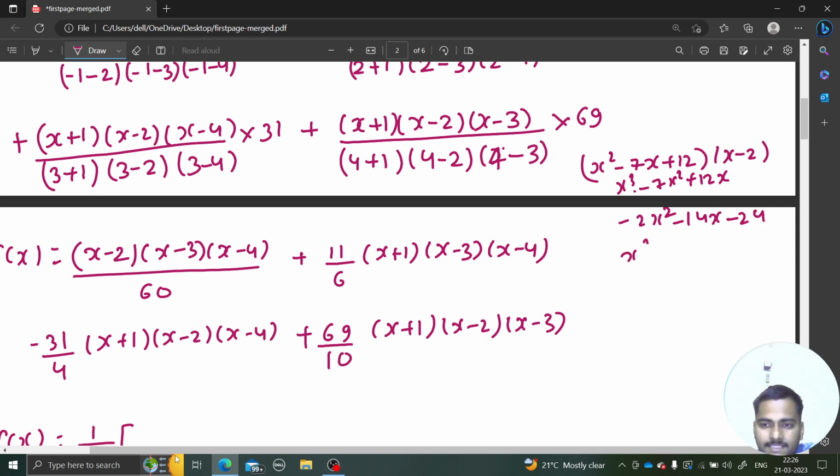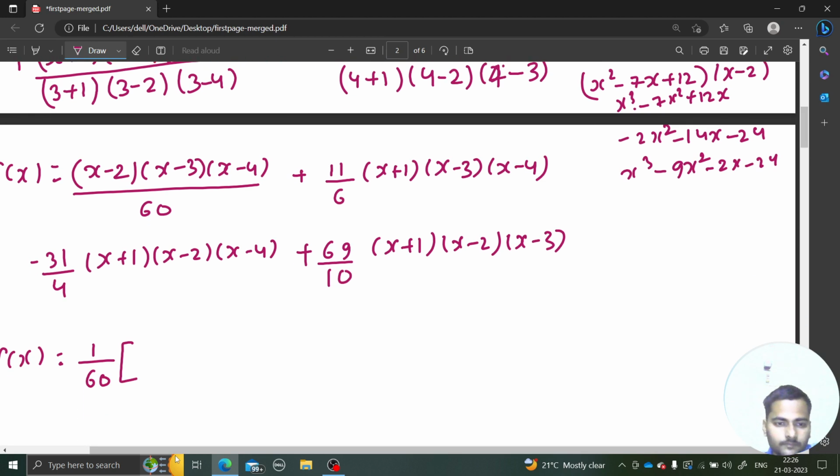And this you are getting as x cube minus 9x square minus 2x minus 24. Okay.